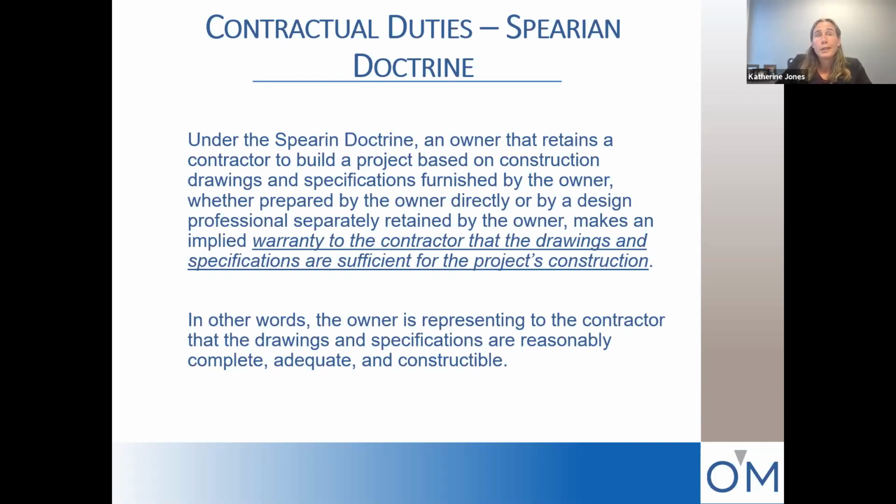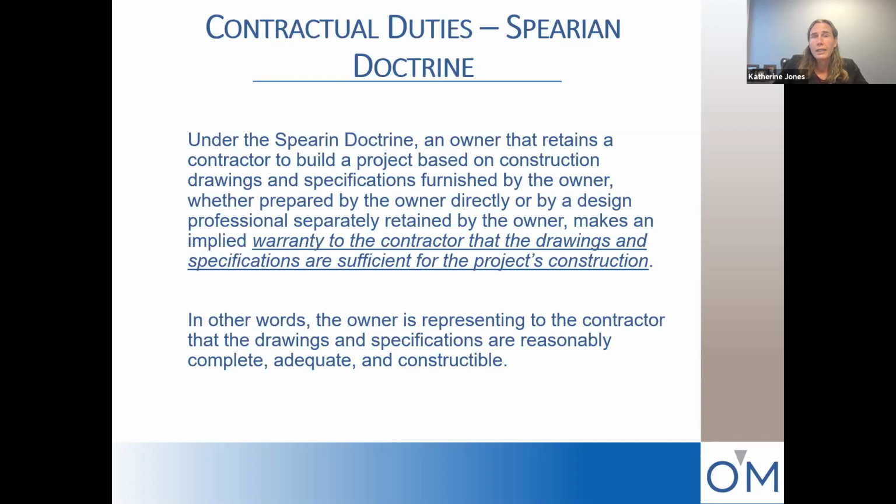But what the Spearin Doctrine says is that an owner that retains a contractor to build a project based on the drawings and specs provided by the owner, and here's the part that's relevant for this discussion, whether those drawings and specifications were prepared by the owner directly or by a design professional separately retained by the owner, makes an implied warranty to the contractor that the drawings and specifications are sufficient for the project's construction.